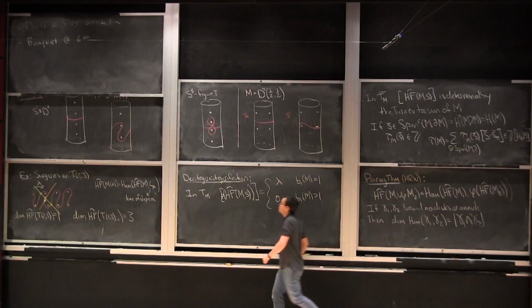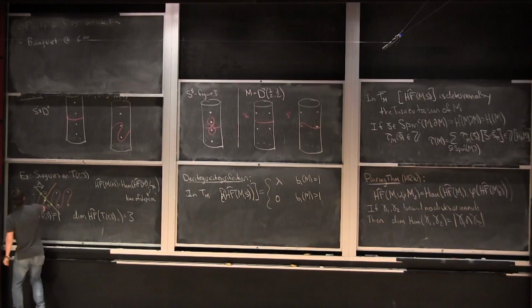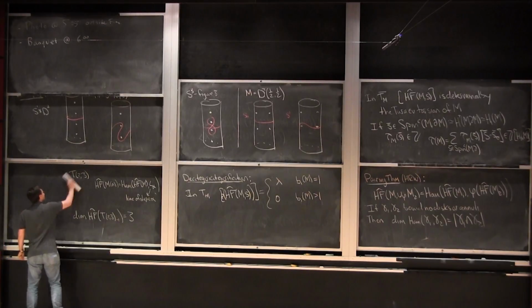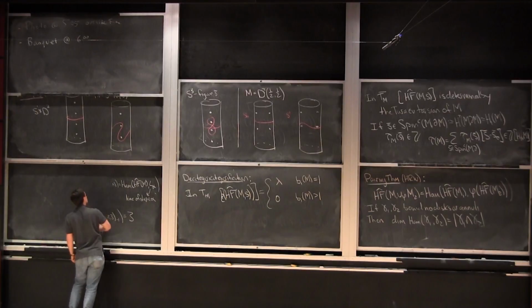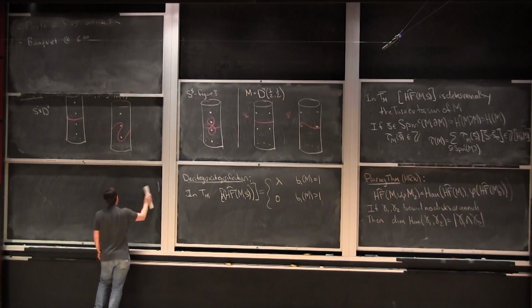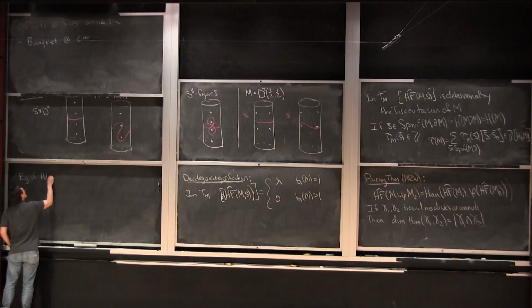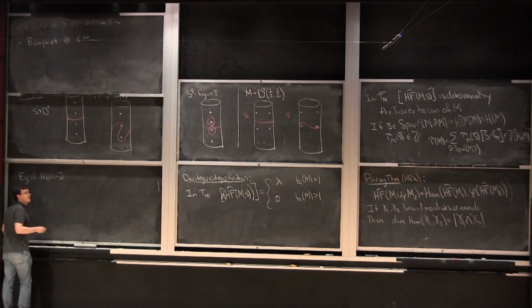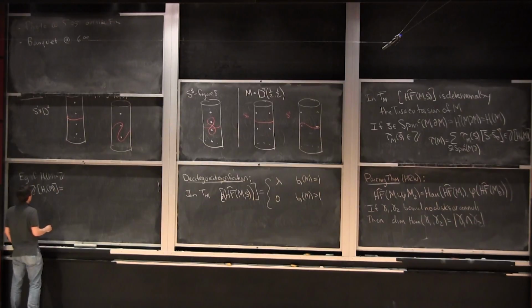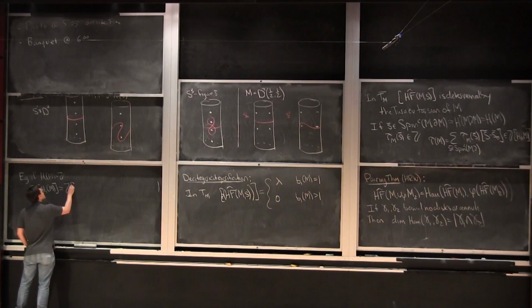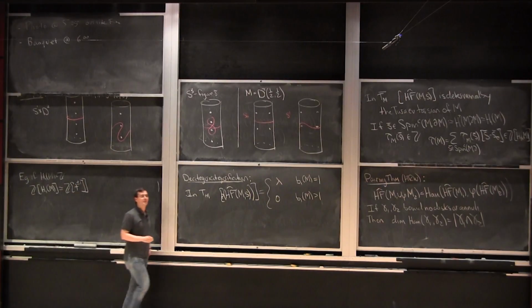So now we come back to things that may be more familiar to most of you. So, e.g., if H1 of M is Z, then the group ring Z of H1 of M is just the same as the ring of Laurent polynomials. And I told a little bit of a lie here.